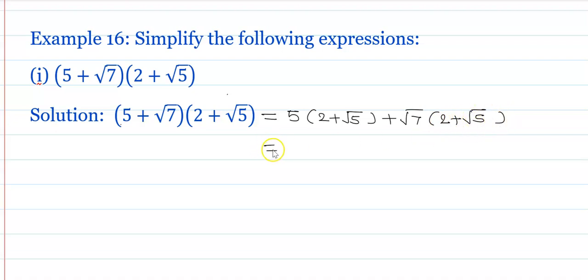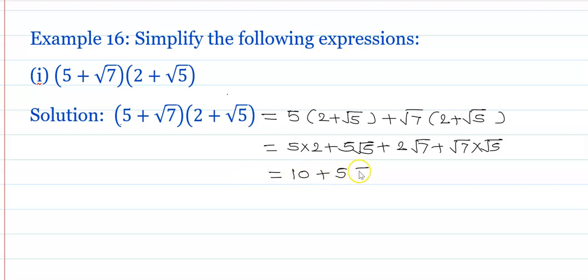Okay, and their multiplication: 5 into 2, 5 into root of 5, 2 into root of 7, and next root of 7 into root of 5, and overall here you will get 10, 5 root 5, 2 root 7, and root of 5 into root of 7, here you will get the root of 35.